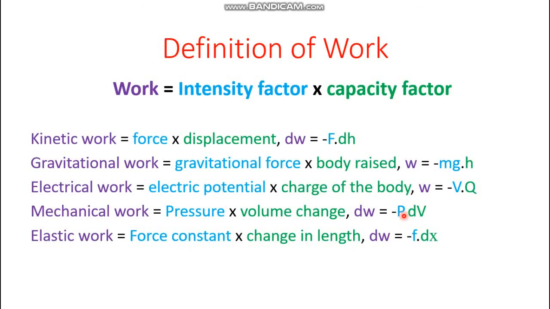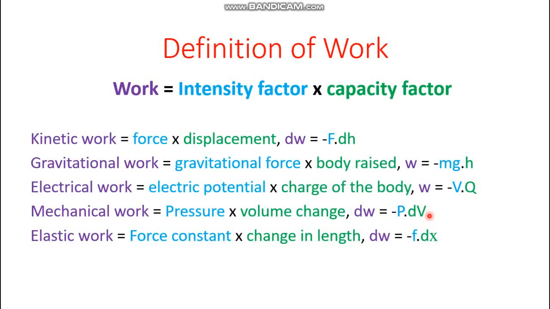And Newton is kg meter per second square. Divided by meter square, it becomes kg per meter per second square. When multiplied by meter cube, it becomes kg meter square per second square, isn't it?